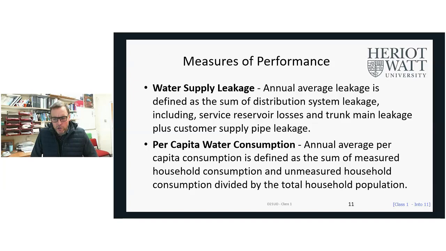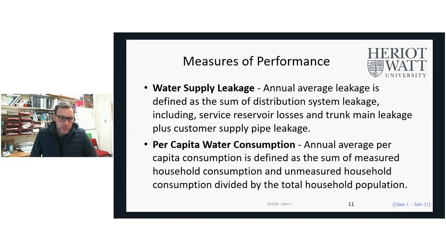Water supply leakage. There are big problems with water supply infrastructure right across the world because some of it is quite old, and because of that, leaks can occur. The issue is that where you've got quite long networks, hundreds or thousands of kilometres of pipes, it can be quite difficult to find the individual leaks.